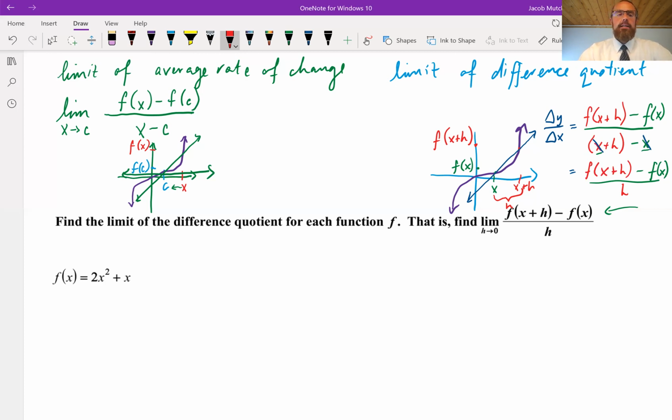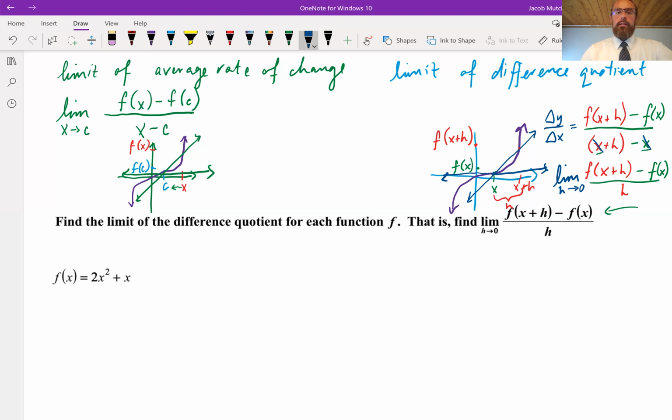So the idea is if I take the limit of this difference quotient as h goes to 0, so let me write that out front, the limit as h, so again, h is the distance between my 2 points on the x-axis. As that distance gets smaller and smaller and smaller, where we're headed, finally where h equals 0, is that tangent line. And again, that's what we're after in terms of where we're headed in calculus.